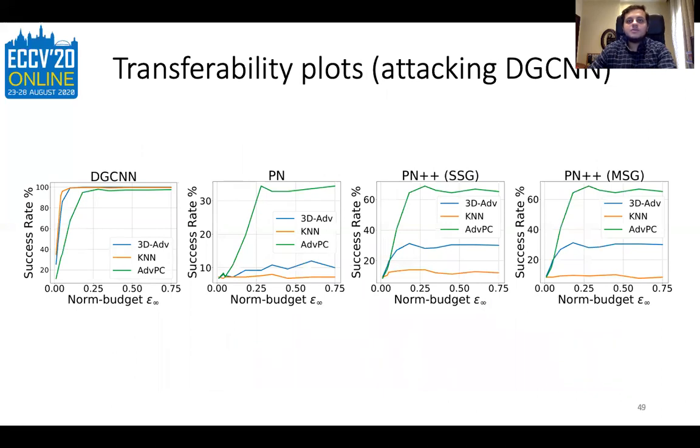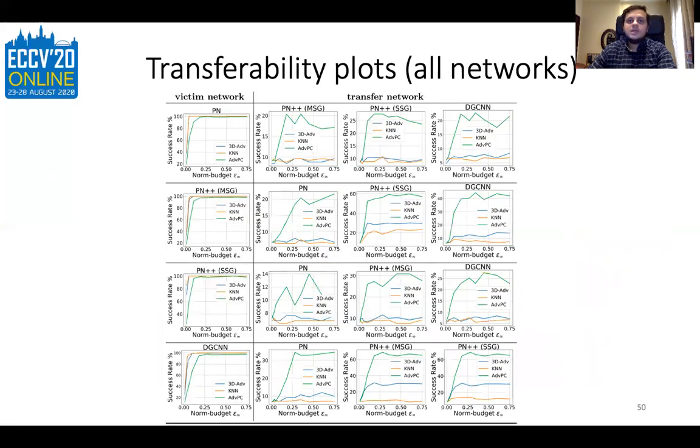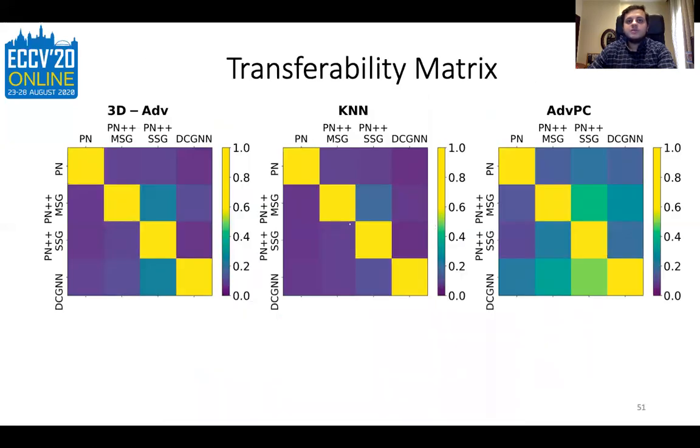Even for different epsilons, we still outperform other methods in transferability. Here, the attack is by DGCNN, and our method's success rate versus norm budgets, plotted in green, outperforms other baselines. Here we show all the results across all networks and all norms. We can better visualize these by averaging all the success values across the norms and plotting a transferability matrix for each attack method.